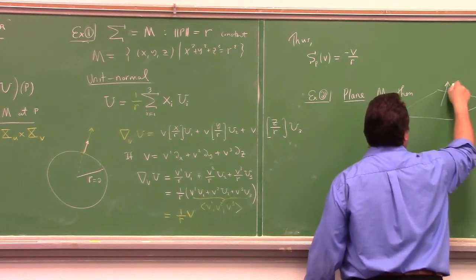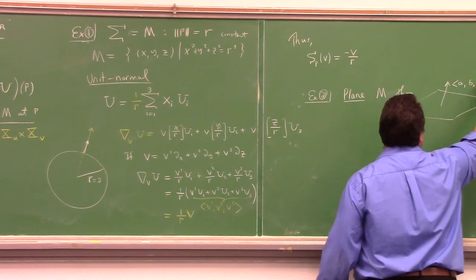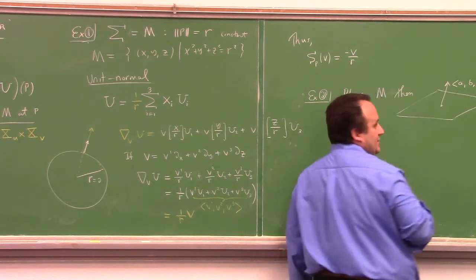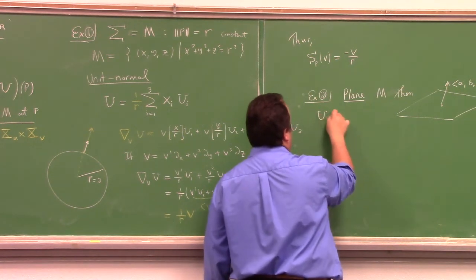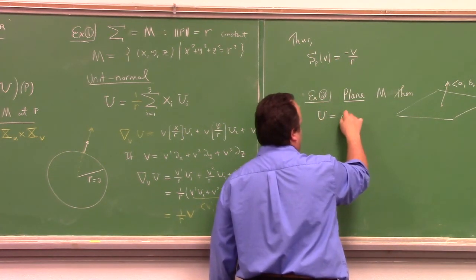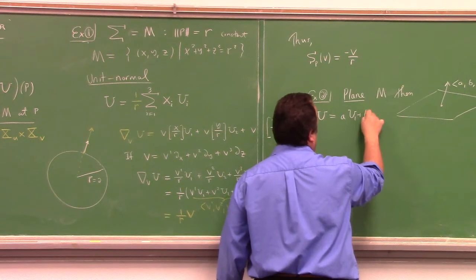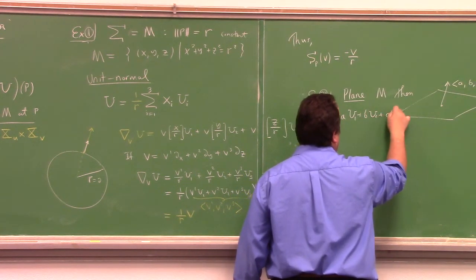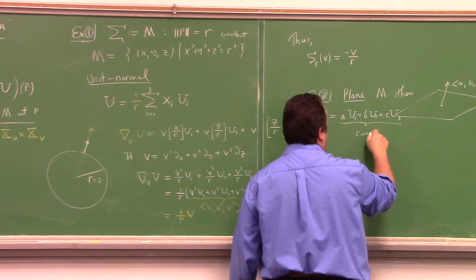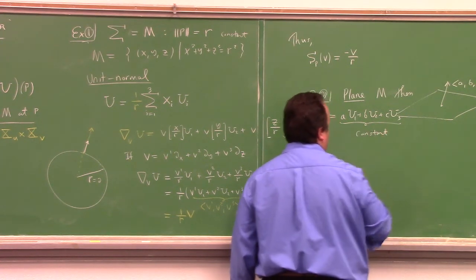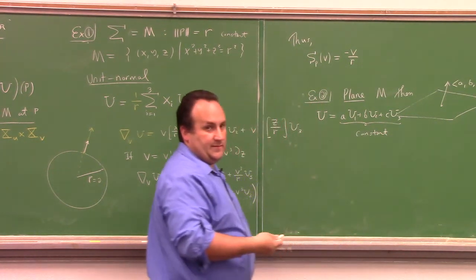Let's say that the normal is ABC. If the normal is ABC, and let's suppose that that's a unit vector, then the unit normal to the plane would be A u1 plus B u2 plus C u3. And this is a constant if it's a plane, a constant unit normal.